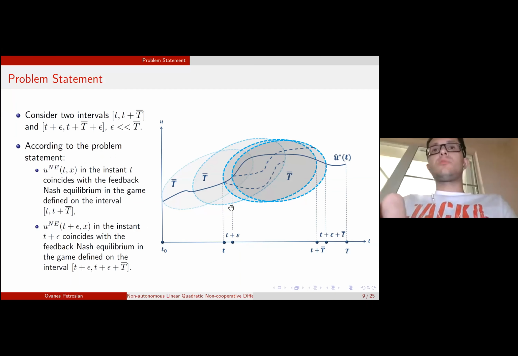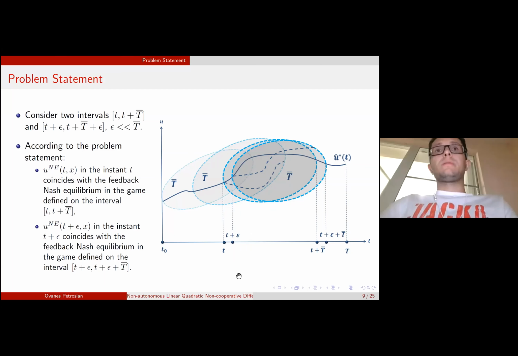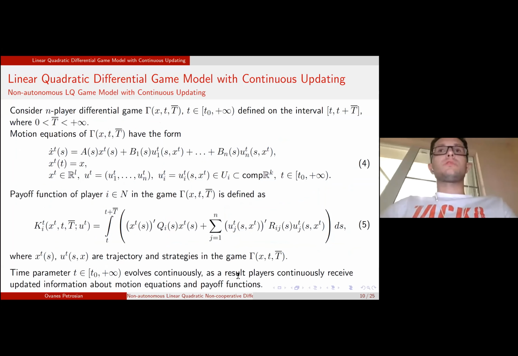But the problem is that when the current time instant changes from t to t plus epsilon, for example, the interval on which we want to find the Nash equilibrium also changes. So the concept that we want to define is a composition of first points of Nash equilibria for all possible current time instants t. That is why it could be a little bit complicated and also interesting.